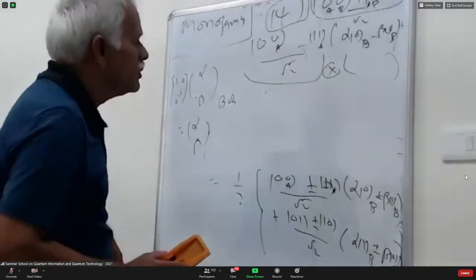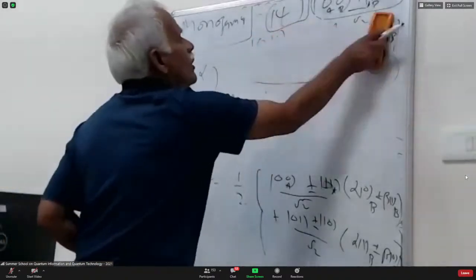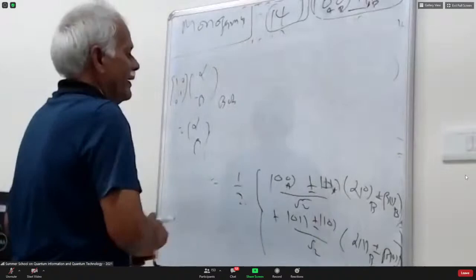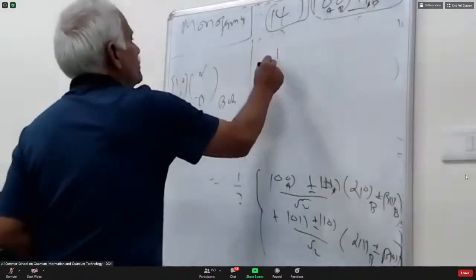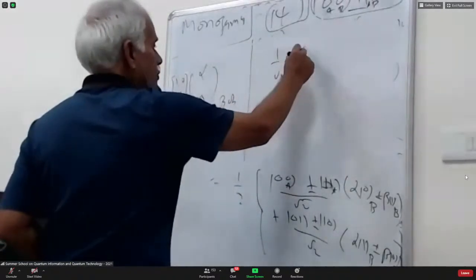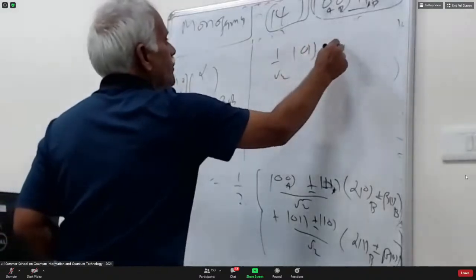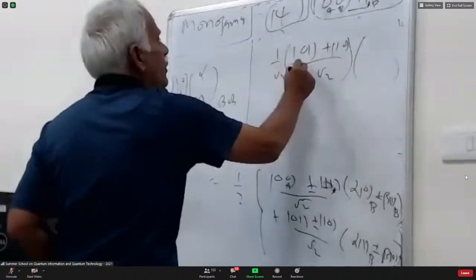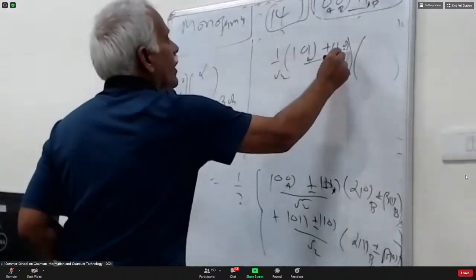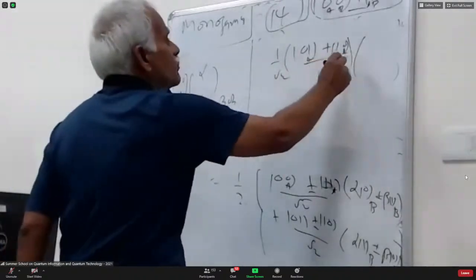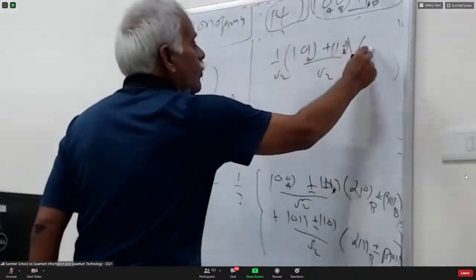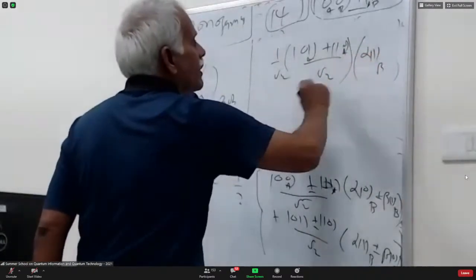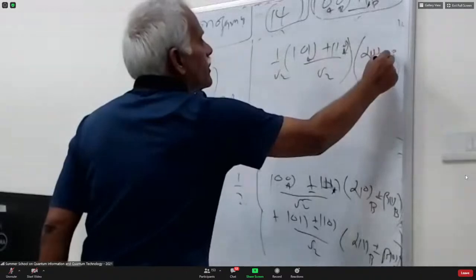Then how about the other two? The outcome is 1 by root 2, (01 plus 10). So this is the state of Alice and the unknown state, and Bob is alpha 1 plus beta 0.